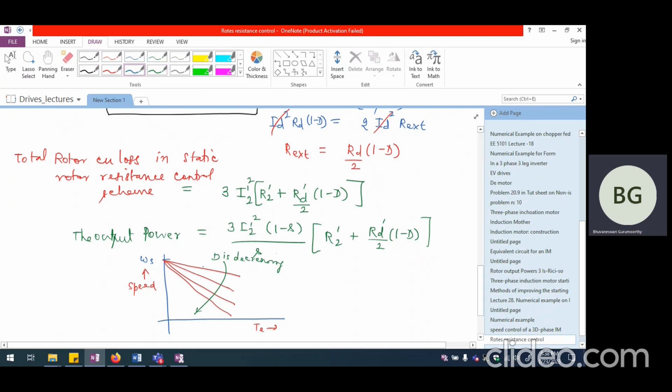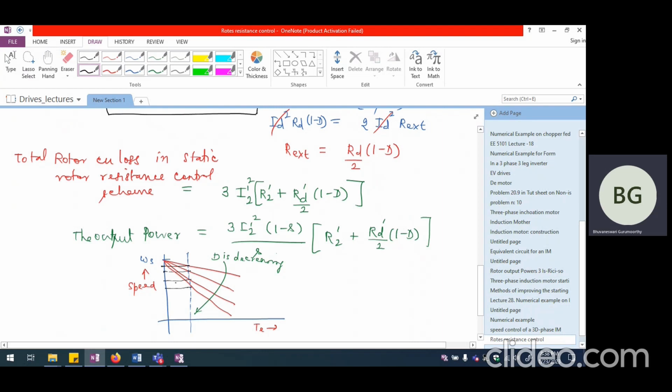So if I am looking at a particular value of load torque being delivered, we would be able to obtain this particular speed at a particular duty ratio. Maybe the duty ratio is 1, and maybe the duty ratio is reduced to 0.9. Then you are going to have a speed like this. When it is reduced to 0.7 or 0.6, we are going to have the speed correspondingly decreasing.